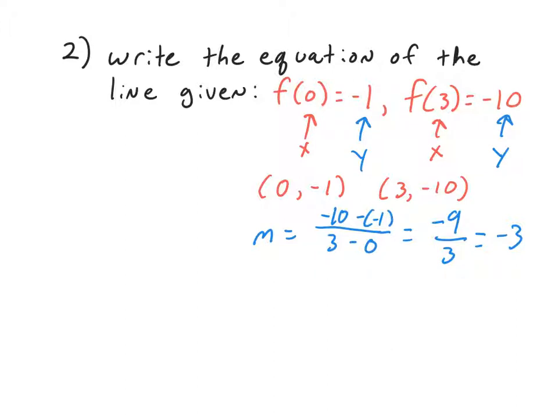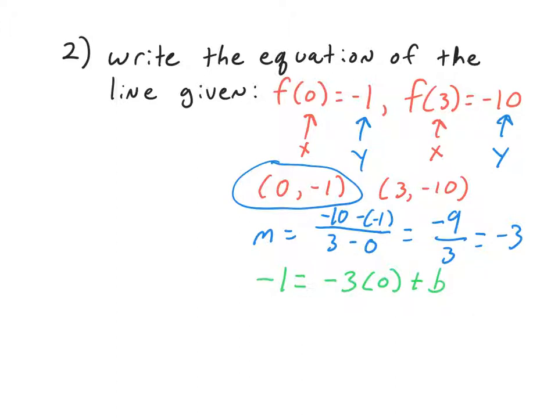And then we'll go ahead and put that into our slope-intercept form equation and figure out what is the y-intercept. So we can use either one of these 2 points. I'm going to use the one where the x is 0 because that'll make it easier. So we'll do y, which for that equation is going to be negative 1, equals m, which is negative 3, times x, which is 0, plus b.